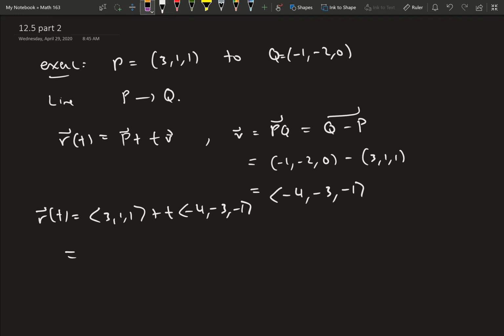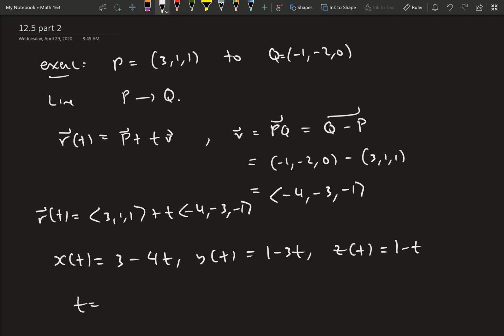which we can write parametrically as the following, where x(t) is 3 minus 4t, y(t) is 1 minus 3t, and z(t) is 1 minus t. And notice here, when t is 0, you get exactly the point P, which is (3, 1, 1).